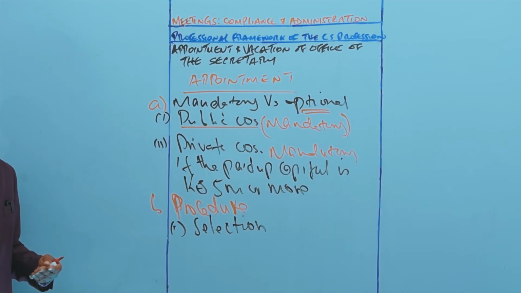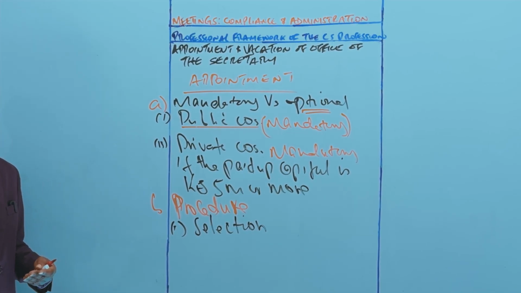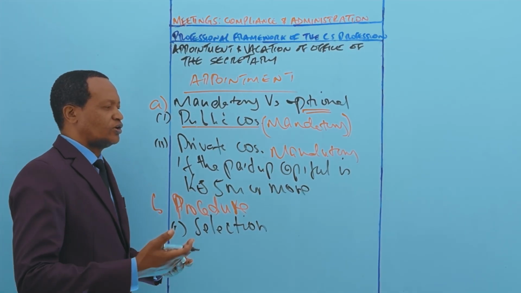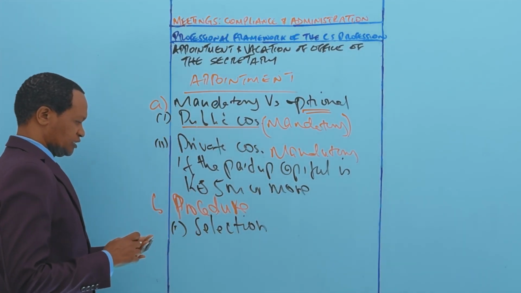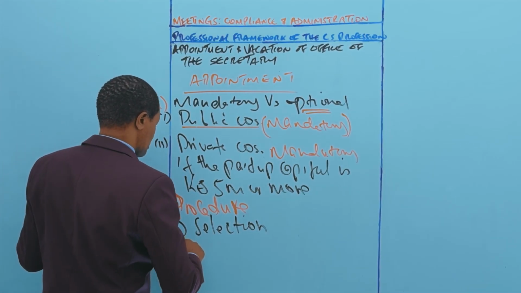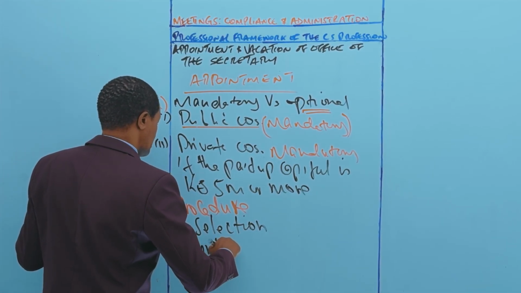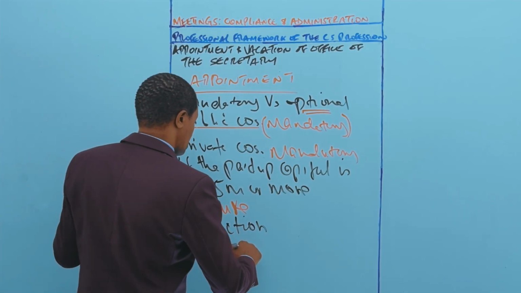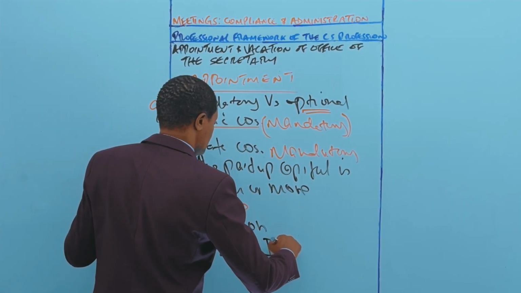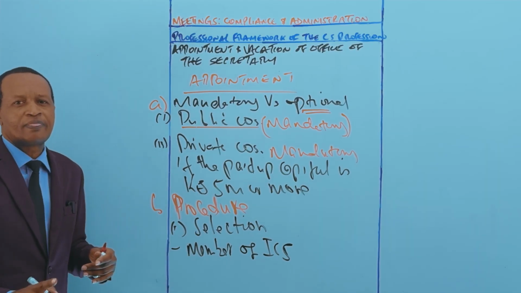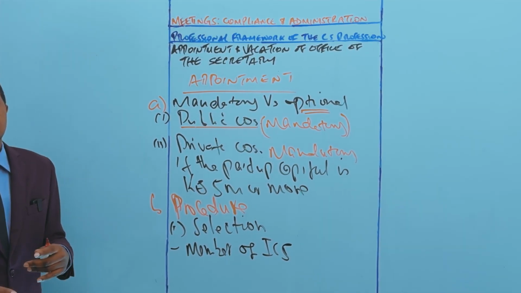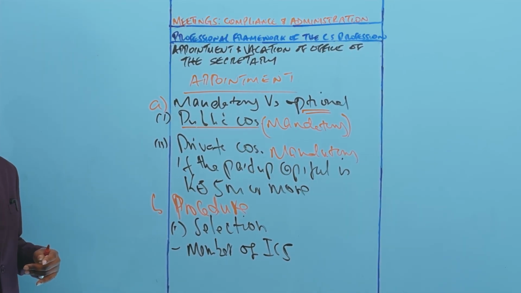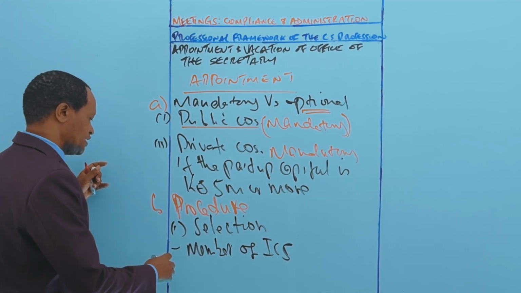The board identifies a qualified candidate who must be a registered member of the Institute of Certified Secretaries. The one we select must be a member of the Institute of Certified Secretaries with a valid practicing certificate.